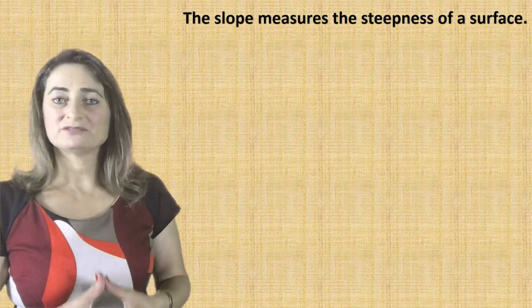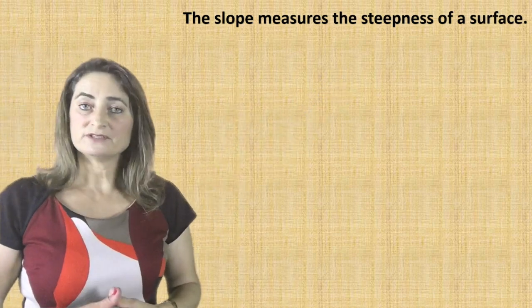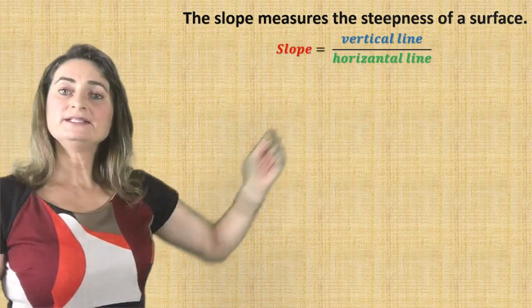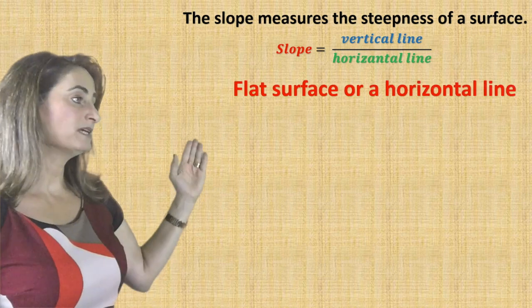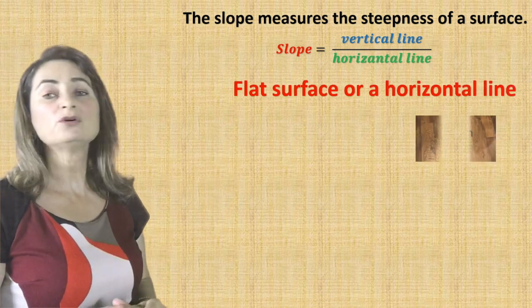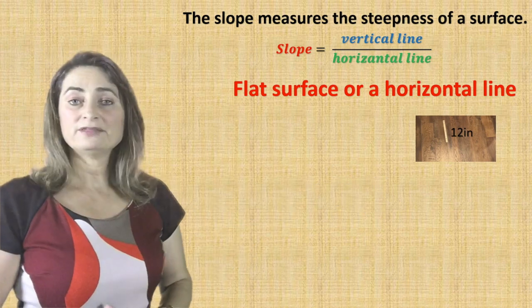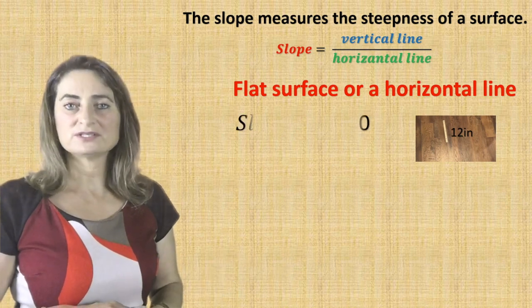What is the steepness of a line? The slope measures the steepness of a surface or a line. Slope is the ratio of the vertical line divided by the horizontal line. And the first surface we will be talking about is a flat surface or a horizontal line, like the ruler. When we talked about the floor, it has no vertical line, but it does have a horizontal line.